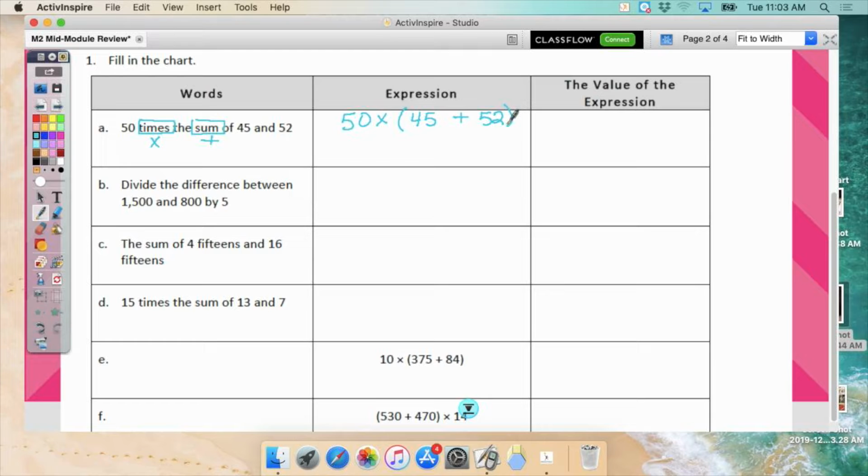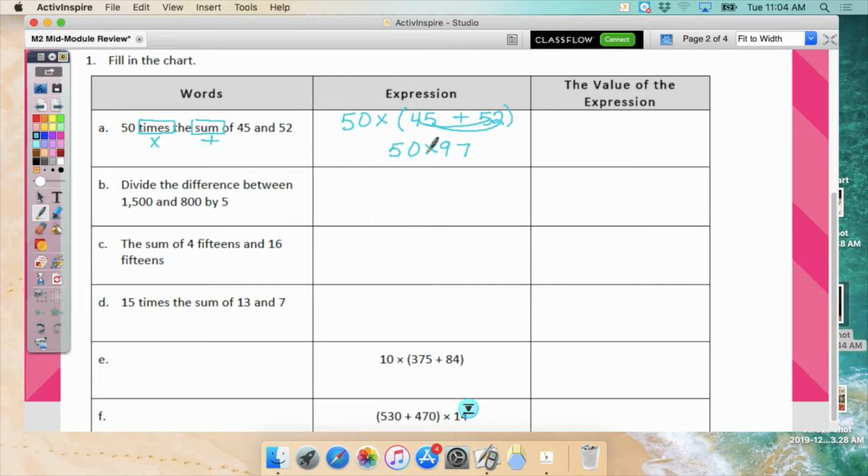That's because I've got to solve for the value of the expression, so I'm leaving room underneath to do a little bit of math. So 45 plus 52, can we add that in our head? Yeah. What's 5 plus 2? 7. And what's 4 plus 5? 9. 97. So we've got 50 times 97, okay?